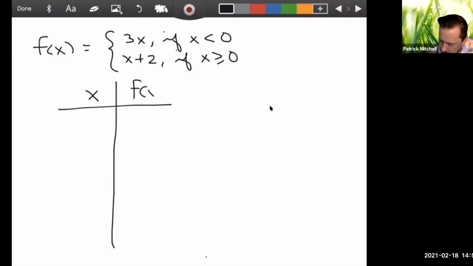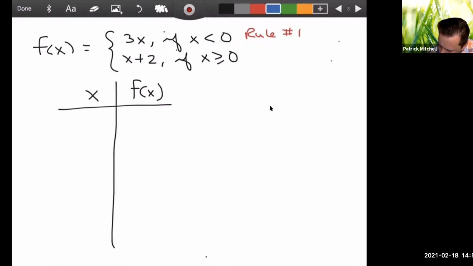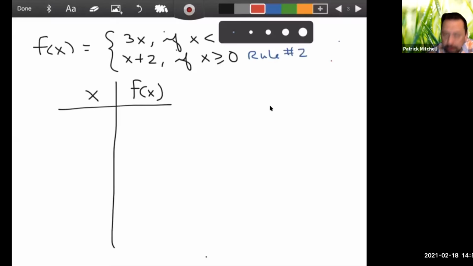So what I'm going to do is pick a few numbers, let's say 3, that fit what I call rule number 1. This is rule number 1 up here. And then we're going to have rule number 2. So I'm going to pick some numbers that fit rule number 1.